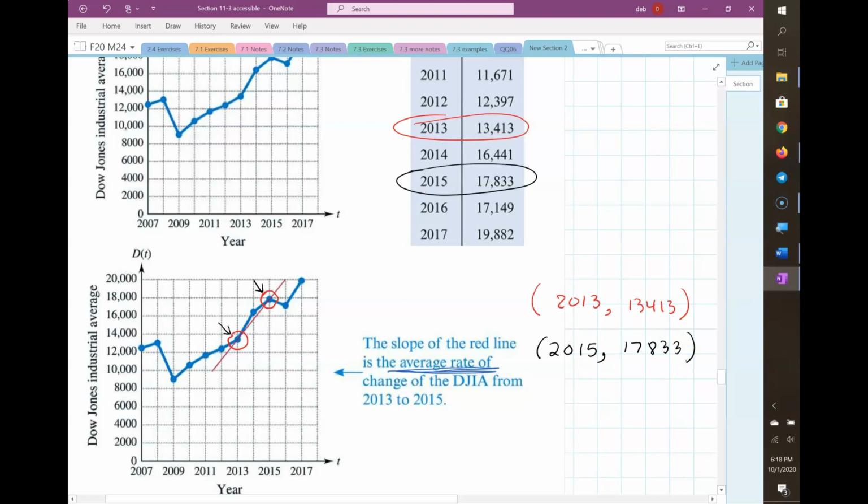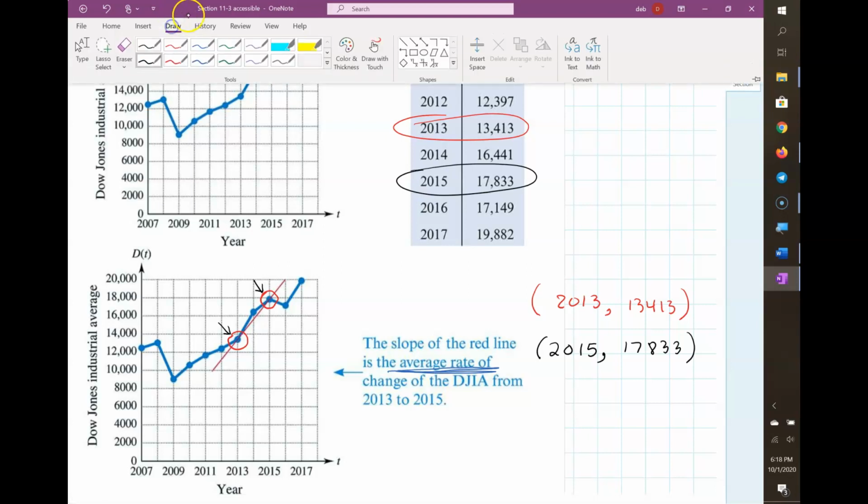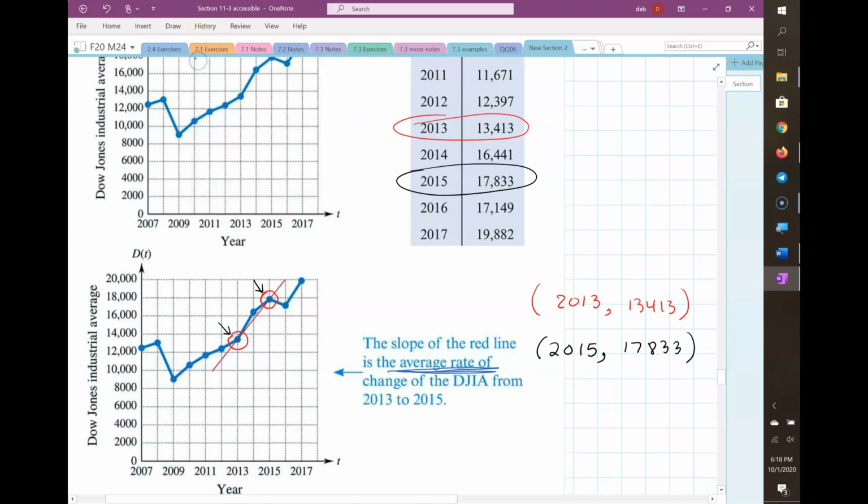So if I want to know the average rate of change over that particular 2-year period, I find the slope of the line. So it's the second y value minus the first y value over the second x value minus the first x value. And I'm getting 2210.